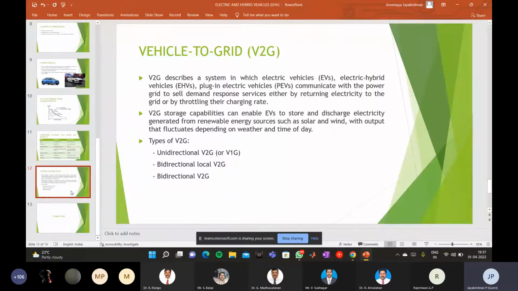For Nexon EV, there is a group on Telegram and also WhatsApp, Nexon EV users. Almost 250, 300 people are there, and they share their experiences. In that, one of the Nexon owners narrated why he opted for the Nexon EV.